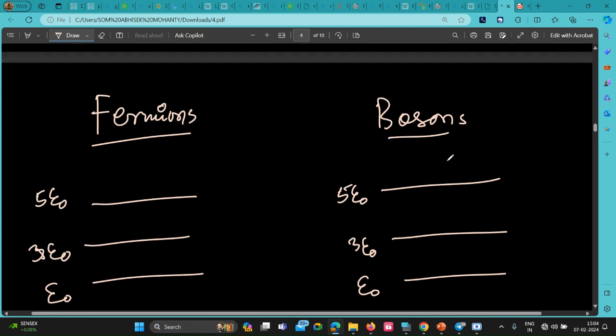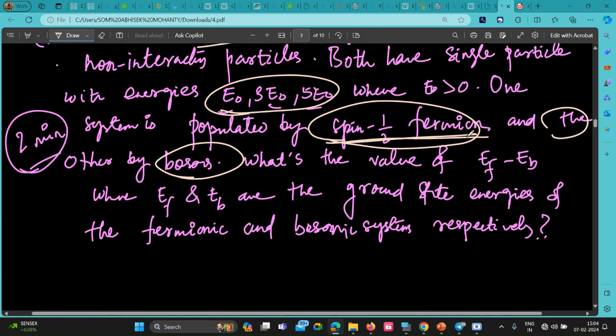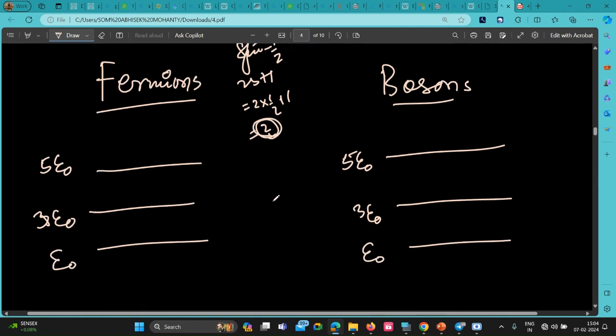Now, one system is populated by spin-half fermions. When you have spin half, what is the multiplicity? 2s plus 1, that is 2 into half plus 1, that is 2. Multiplicity 2 means in one state we can have maximum 2 particles, 2 fermions.